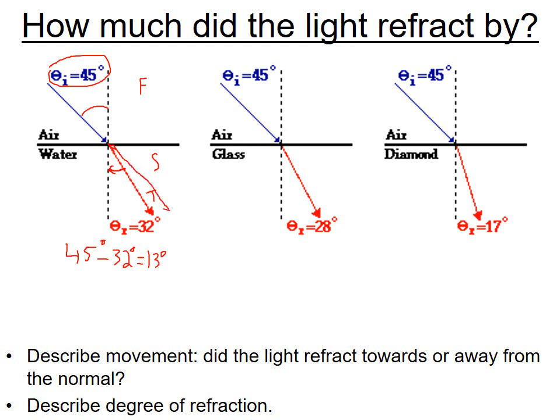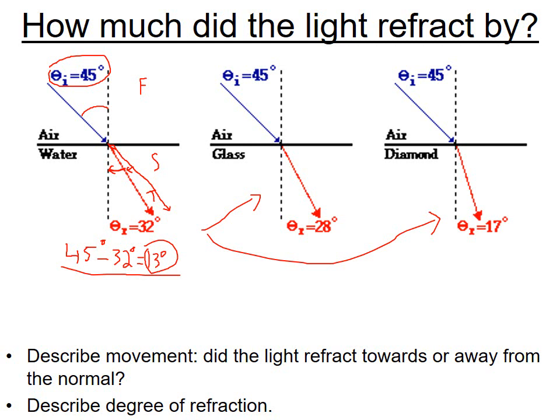If it didn't refract, it would have looked like the arrow I just drew in here. But it did refract by 13 degrees to be 32 degrees away from the normal. So if I asked you how much the light ray refracted by, you would do the angle of incidence minus the angle of refraction, and that would give you how much it refracted by, 13 degrees. And so you can attempt these two problems over here in a similar fashion.